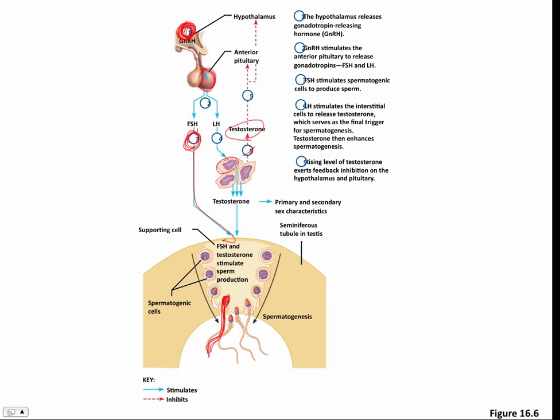Now, the moment that we have too much testosterone, what's going to happen? We're going to send a negative feedback towards the hypothalamus saying that we have too much testosterone. That in turn is going to shut off the stimulus to the anterior pituitary gland. And by doing that, the anterior pituitary gland is also going to decrease the amount of luteinizing hormone and FSH.